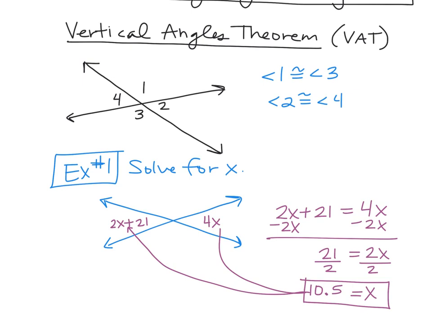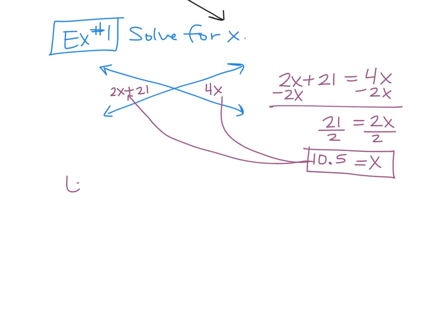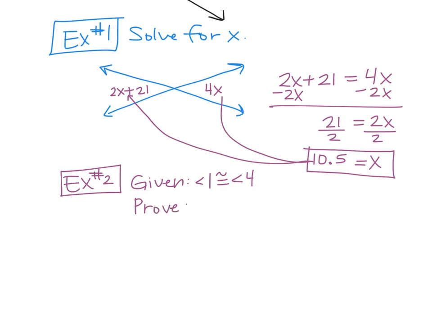So we're going to do a proof involving some vertical angles. I'll write this all out, and then I'll give you a second just to catch up if you're writing with me. So given that angle 1 is congruent to angle 4, we are going to prove that angle 2 is congruent to angle 3, and our picture is this.